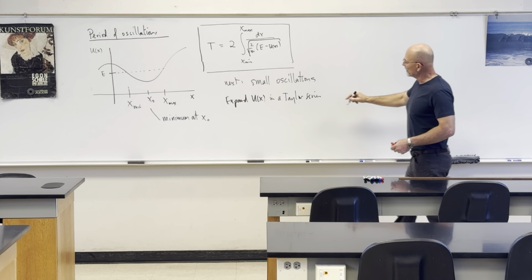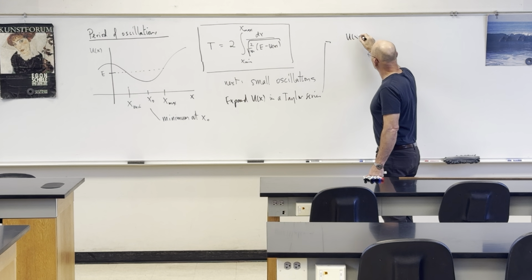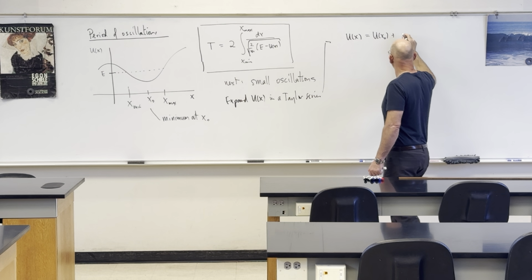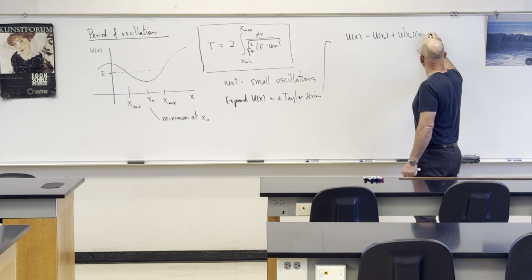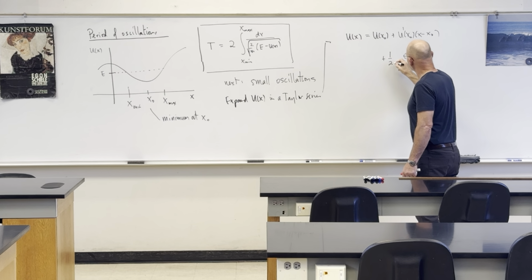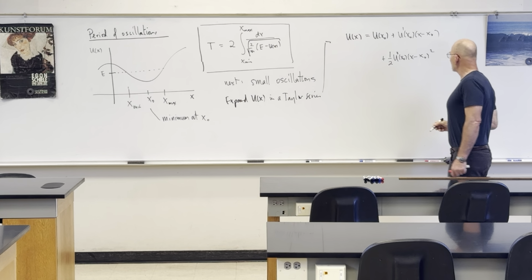So we have the following. We have u of x, u of x of 0, u prime of x of 0 times x minus x0, keep going, 1/2 u double prime of x0 times x minus x0 squared.